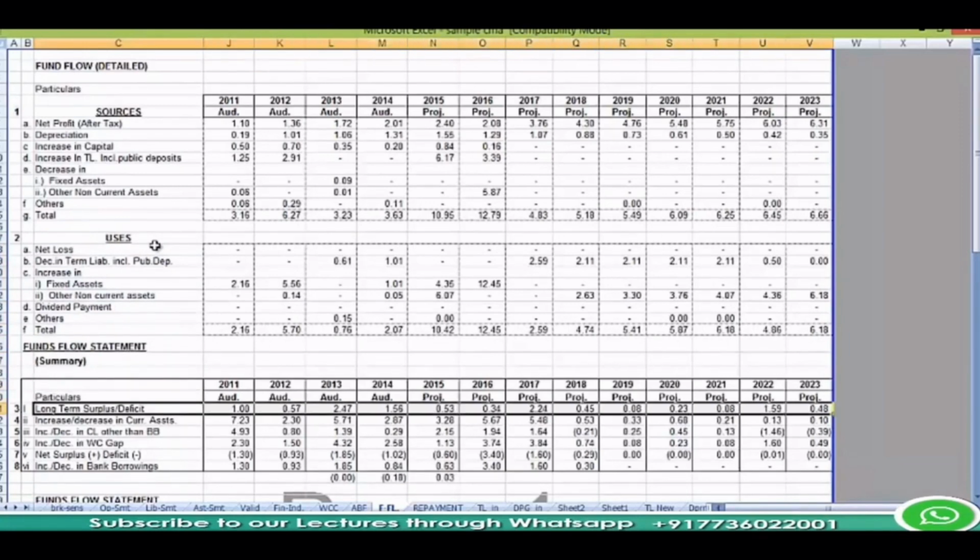There were some long term sources, there were some uses. After usage, there should be some surplus, or it can also be a deficit. If there is a surplus, how the surplus was used for further activities, or if there is a deficit, how the deficit was managed. That is what I explain in the subsequent lines. All this we will understand in a separate session.